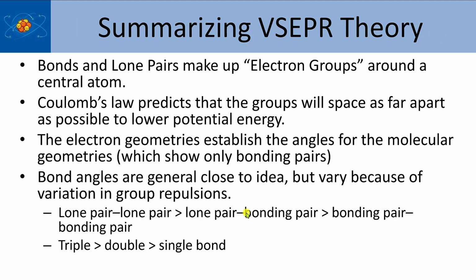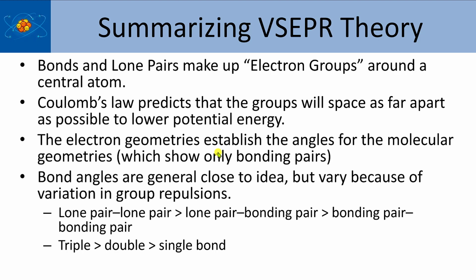So, a big picture summary of VSEPR theory. Bonds and lone pairs make up electron groups around a central atom. Coulomb's law predicts that these groups will space apart as far as possible to lower their potential energy. So the electron geometries establish the angles for the molecular geometries, which only show the bonding pairs.